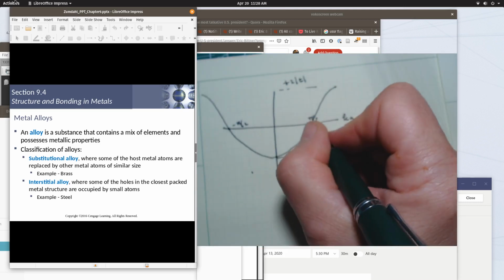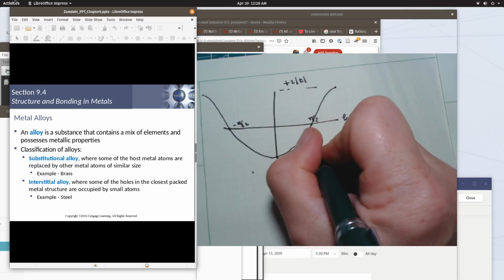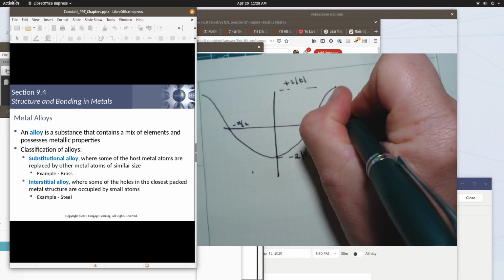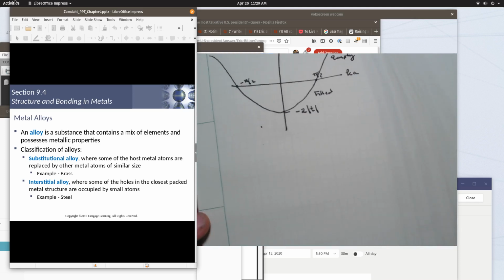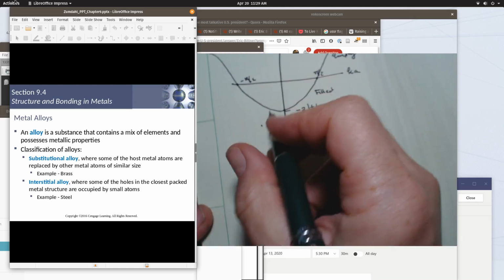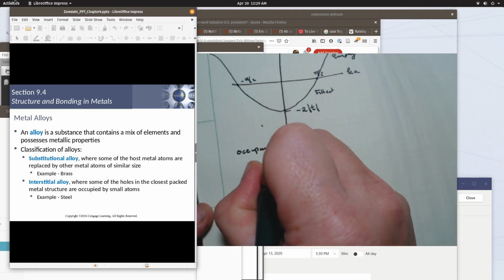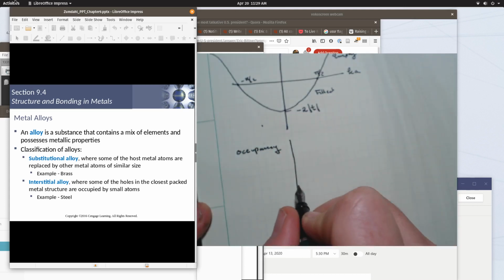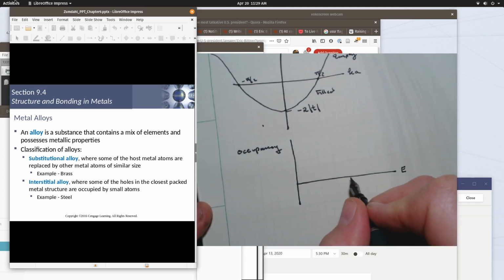There's no energy difference between these filled versus empty orbitals. And if I look at the distribution, the occupancy of an orbital versus its energy, I would get to a point right there.